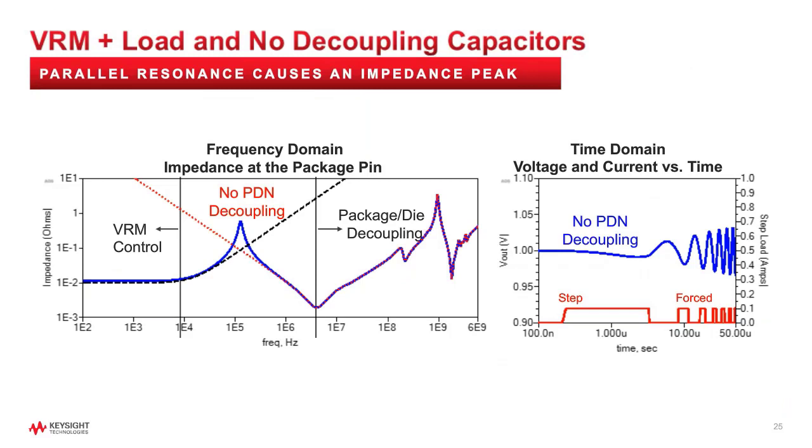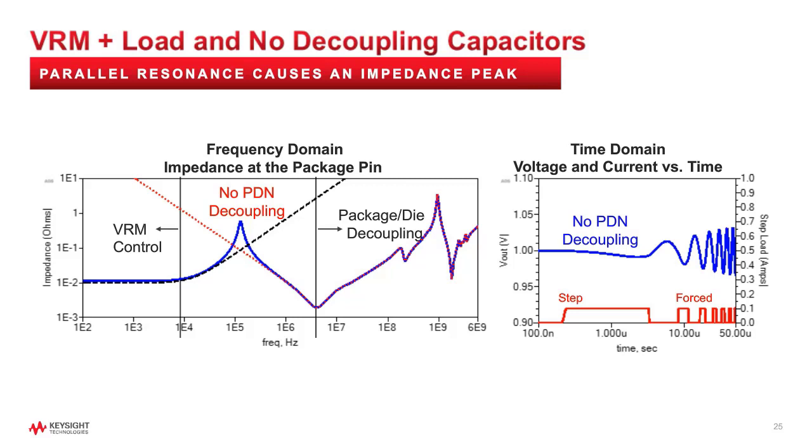This sounds a little complicated, but if we go back to the design of our simple power delivery network and see what happens when the VRM is connected to the package die model with no decoupling capacitors, it will become much clearer. The plot on the left shows the impedance versus frequency as seen by the load when the VRM series RL model is connected directly to the package die behavioral model.